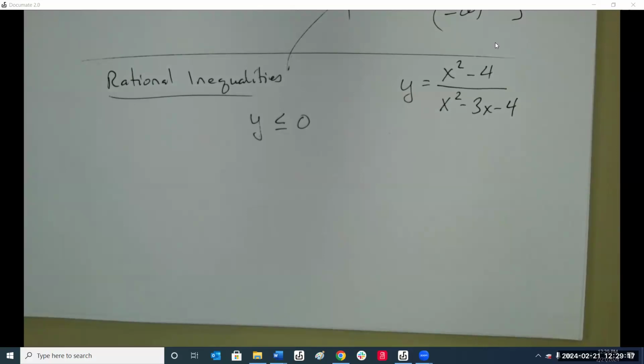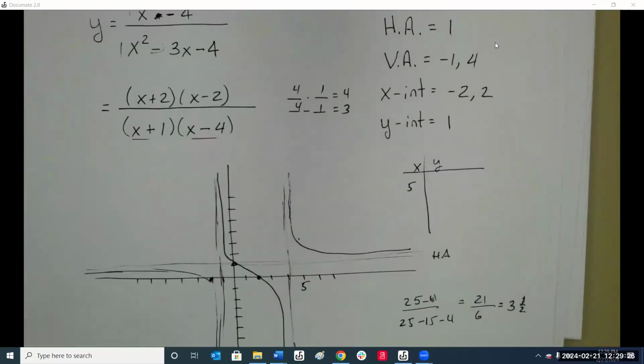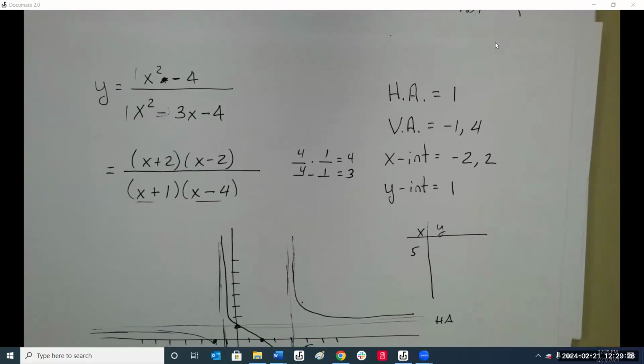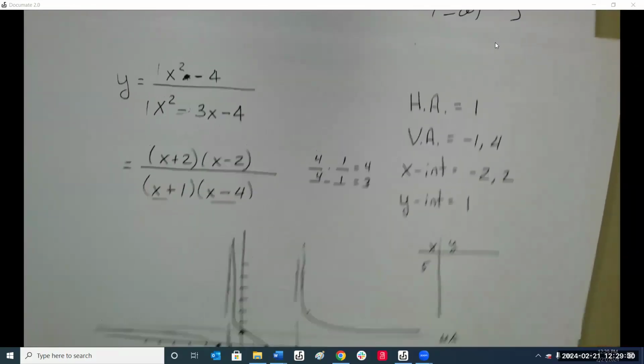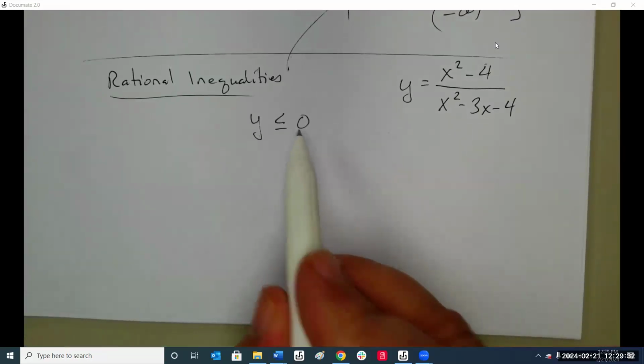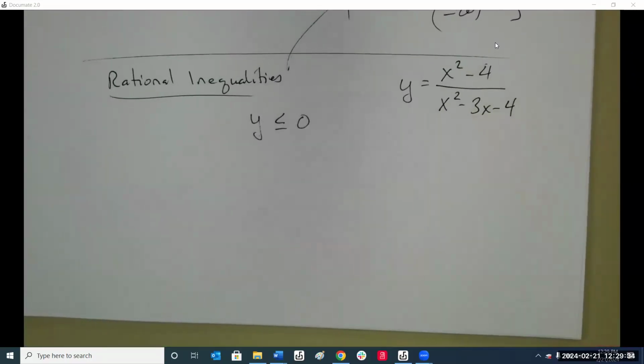So what would you do? Factor the top and do the same thing we did last time. This is the equation I'm using. Do exactly the same thing we did last time. It was zeros on one side. We just have to fix this side.